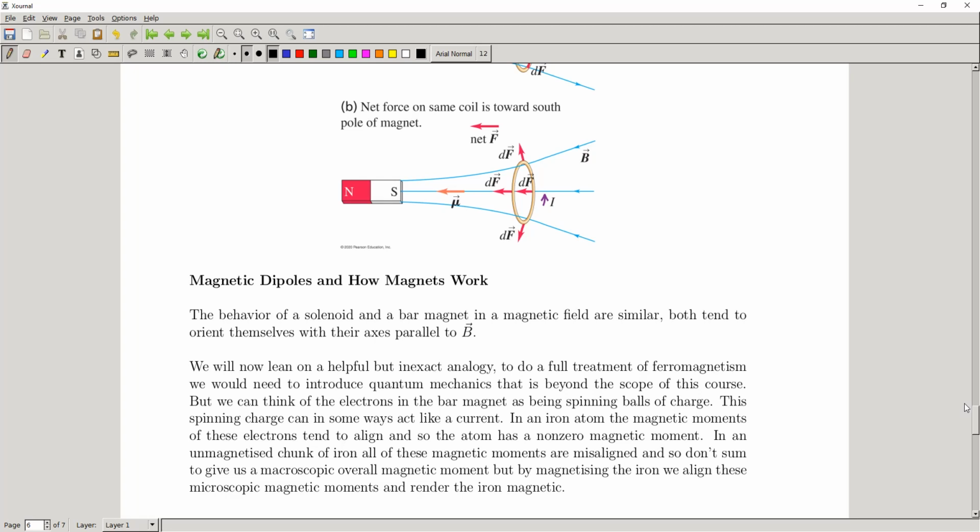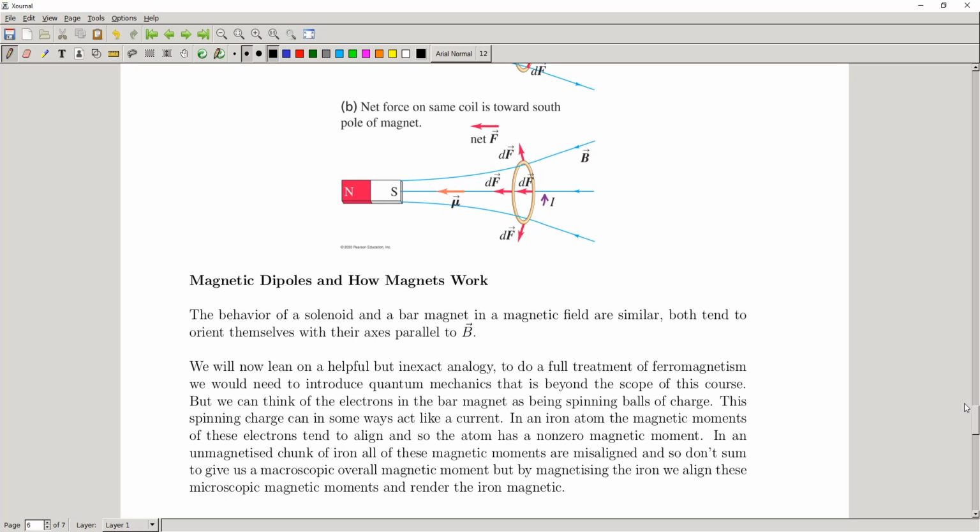These tiny, tiny little currents would be making up, say, your atoms, and then your atoms would make up the material that you're looking at. But in the case of iron, let's say you have a bar magnet made of iron. We have these spinning electrons.